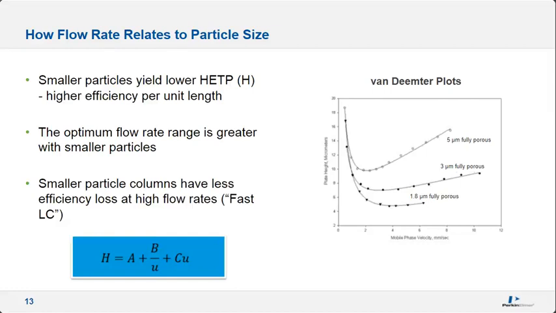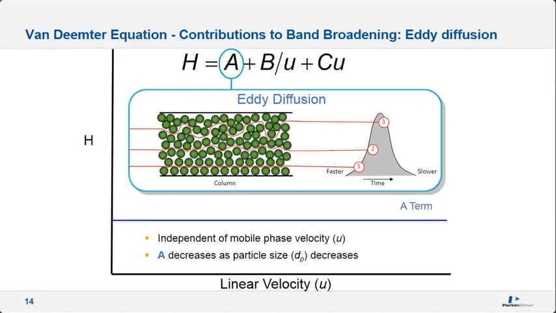Let's now explore each of the factors of the Van Deemter equation. First, we'll start with the A term, or the Eddy diffusion term. This is also referred to as the multi-path effect. And we can actually see in this diagram the idealized particles shown here in red, and that we can have an analyte stream through different paths of this particle bed, with the analyte taking the fastest path, generating the 0.1 of the peak.